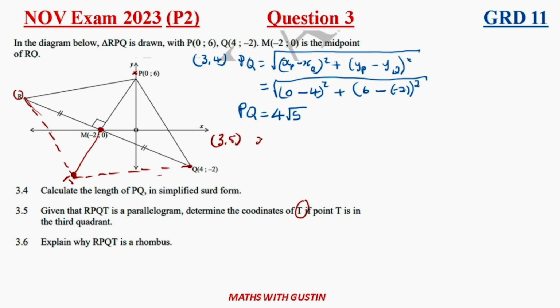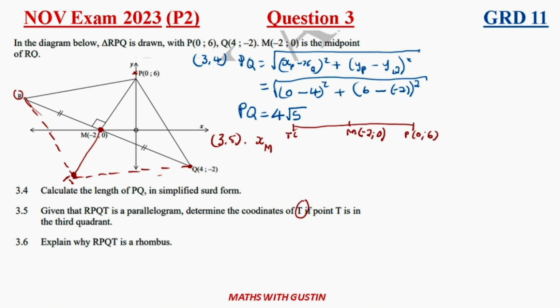We're going to say, okay, x at midpoint. So you've got this line here, and then you've got a midpoint there. You've got point P, which is (0, 6). And then you've got point T where you don't have the coordinates, you're looking for them, and at midpoint you've got (-2, 0). Great.